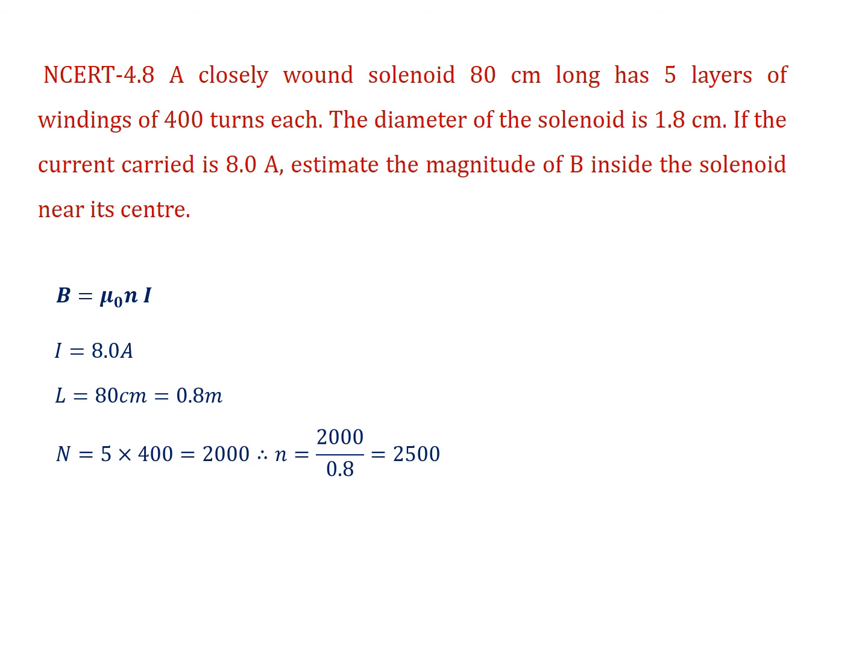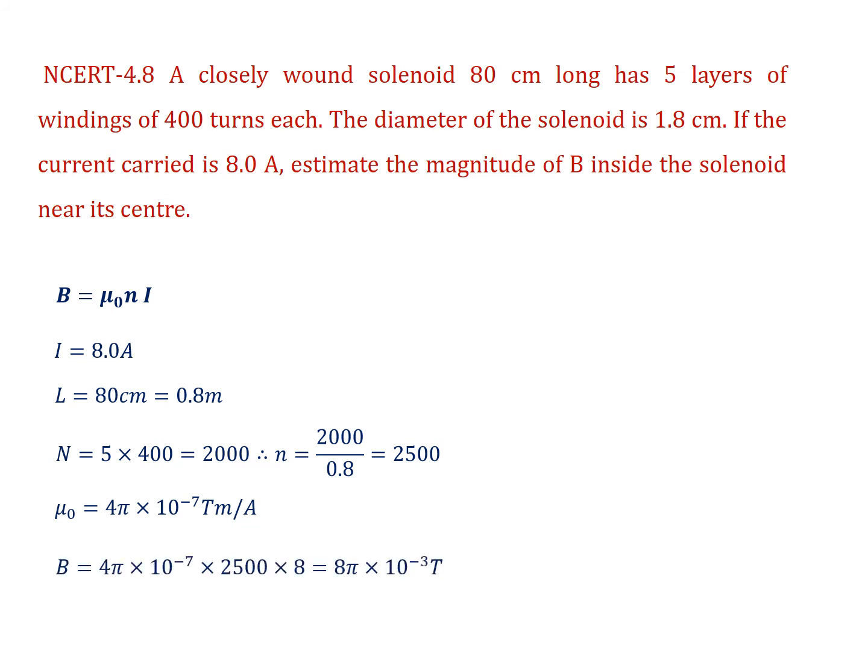And turns per unit length will be total number of turns divided by the length. That is 2500. Okay, the number of turns per unit length is 2500. We can substitute these values in the expression for B. We know that mu naught is 4 pi into 10 raised to minus 7.